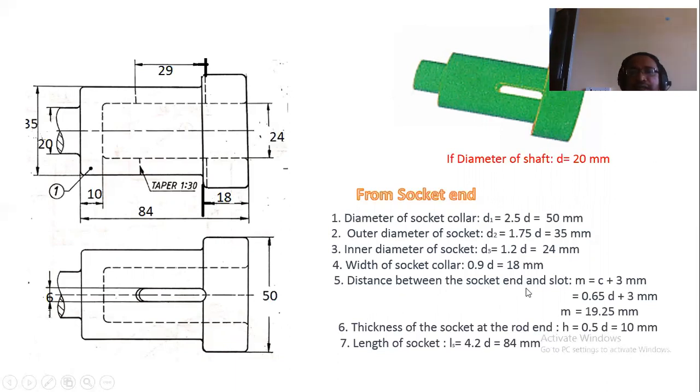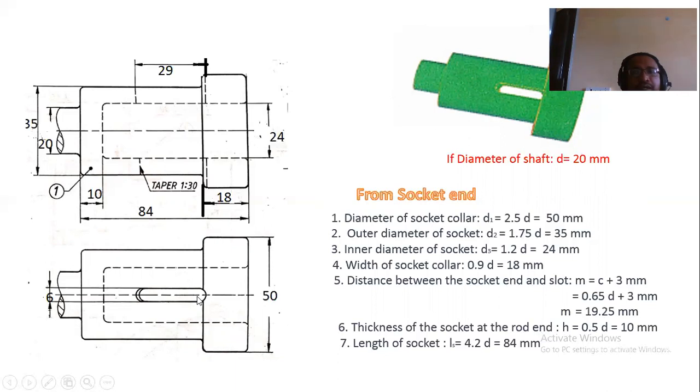The distance from the socket end to the slot, from here to the slot, can be calculated as 18 mm. That is the distance from socket end to the slot. So it is 19.25 from the end to the slot.